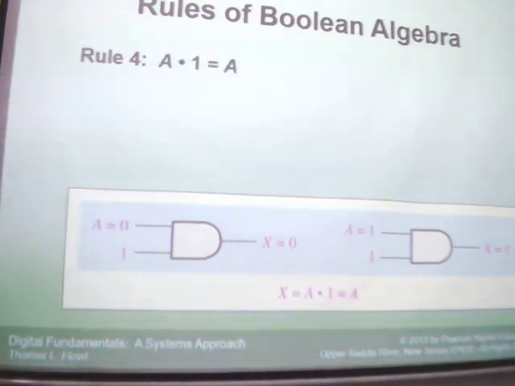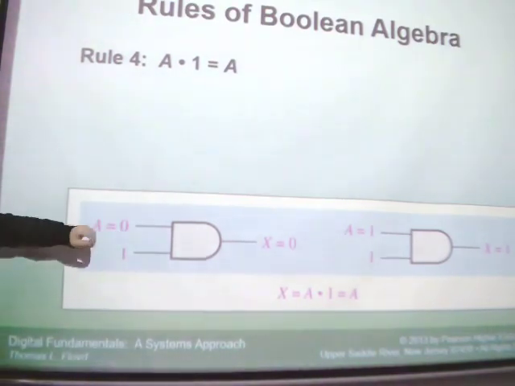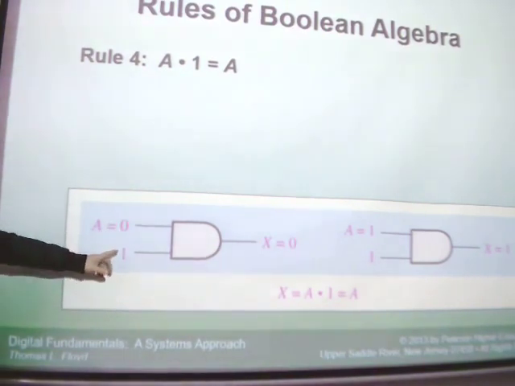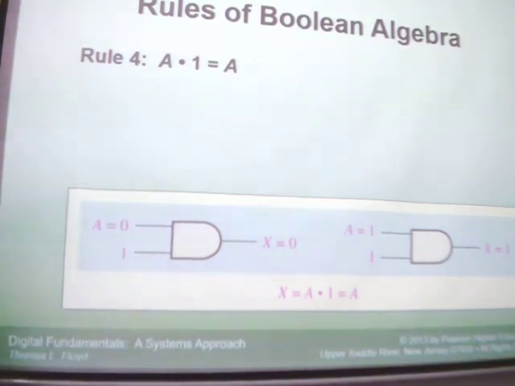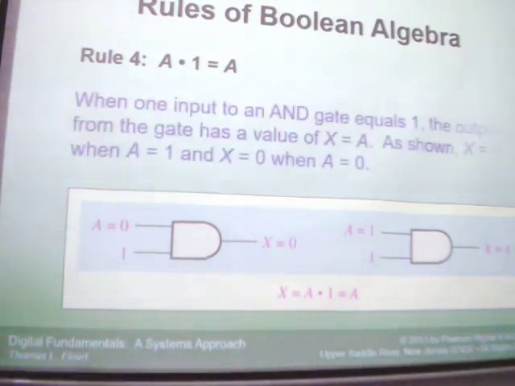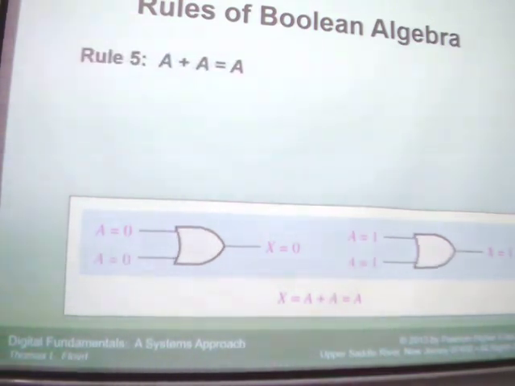Rule 4. A and 1 equals A. For example, if A equals 0, then 0 and 1 equals 0. If A equals 1, 1 and 1 equals 1. So we say A and 1 equals A. Rule 5.